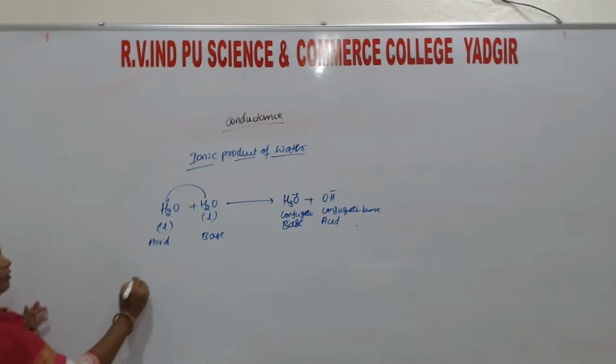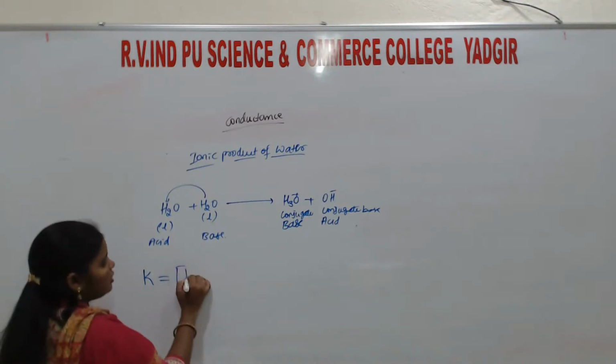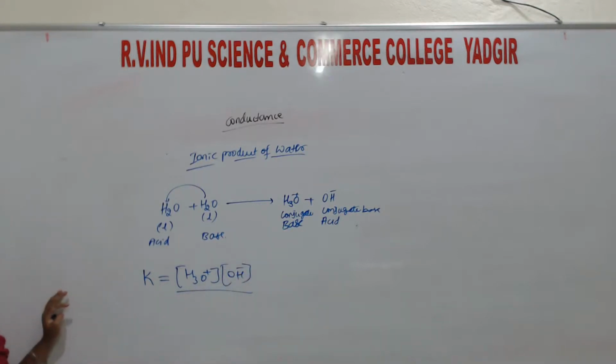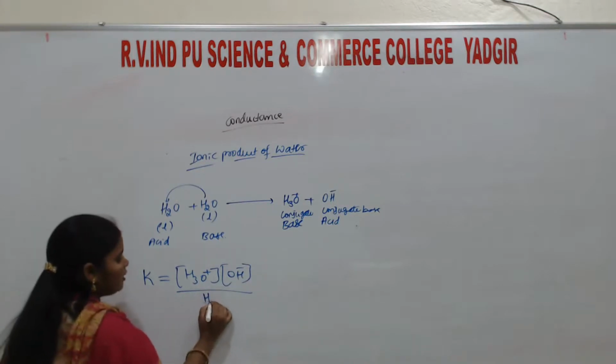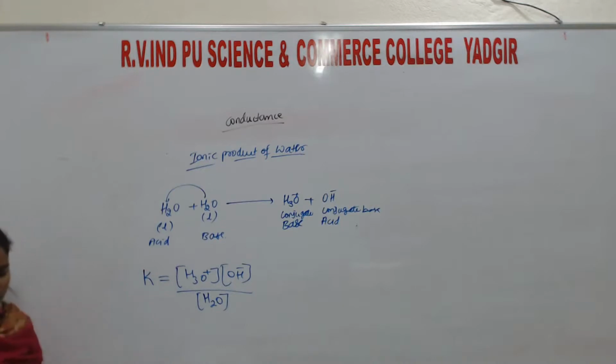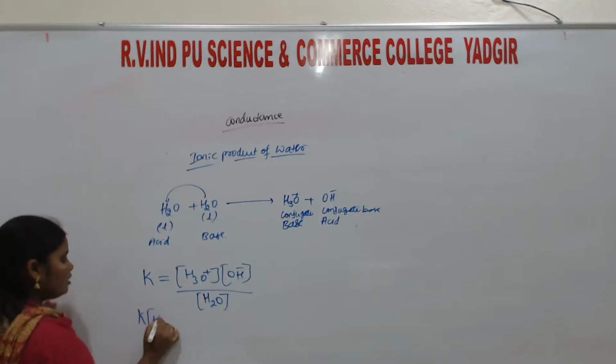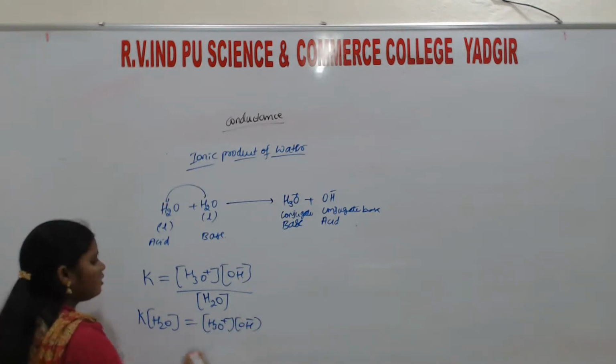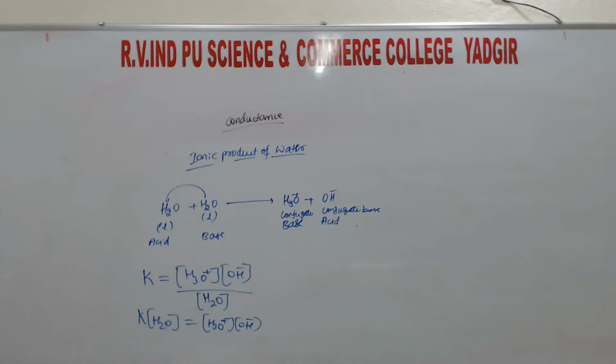The constant K is equal to H3O plus times OH minus divided by H2O squared. Here KH2O equals H3O plus times OH minus, as the change in concentration of water is neglected since it is in large excess.